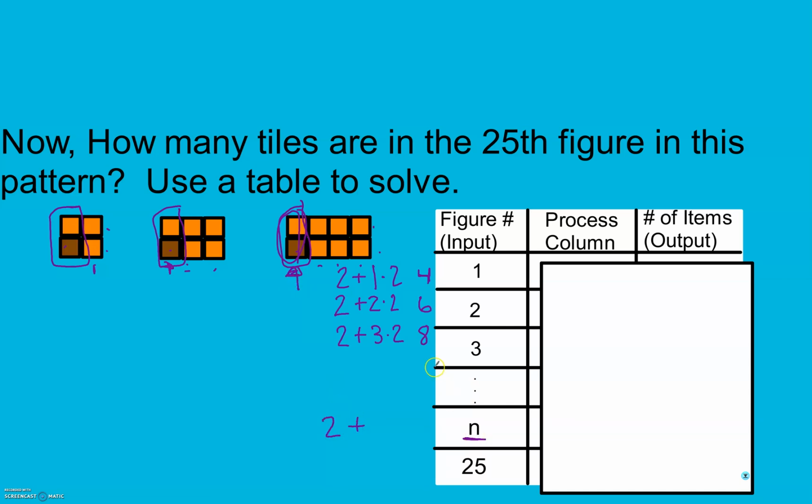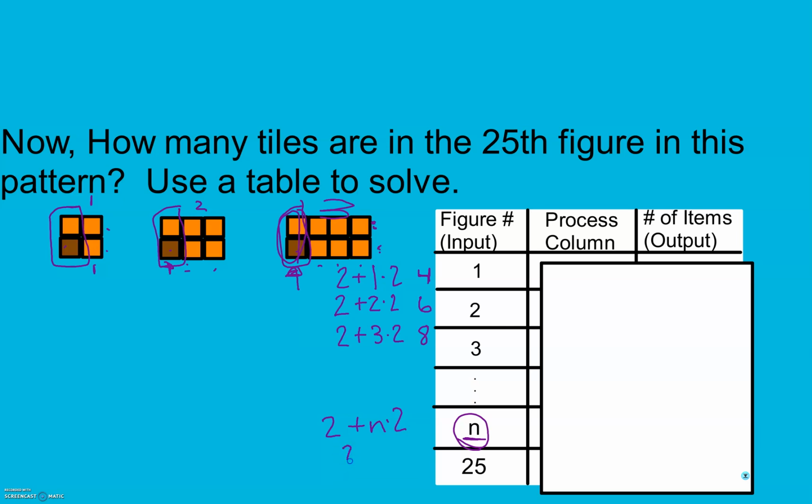And we know that the number of orange columns seems to match our figure number. In figure 1 we had 1, in figure 2 we had 2, figure 3 we had 3. So if our figure is n, that probably means we have n columns of those 2 oranges.